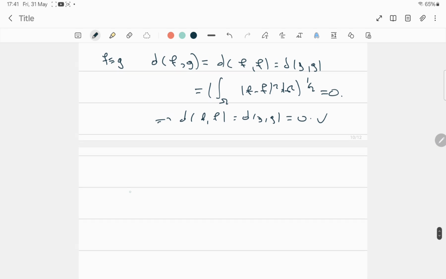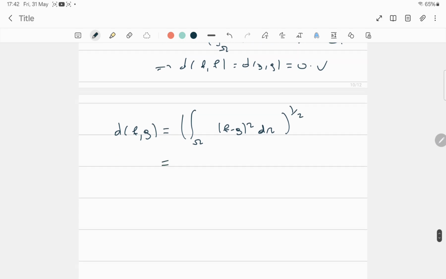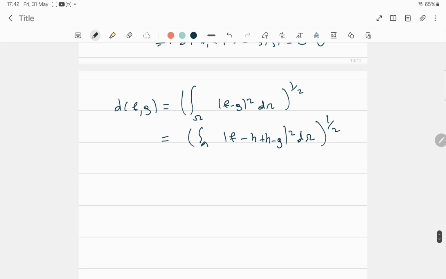Now let's take d(f,g), the integral over Ω of (f minus g) squared dω, raised to the square root. The square root of this. So here we can write inside f minus h plus h minus g. You can write it like this.